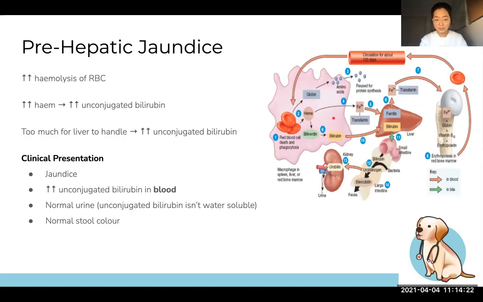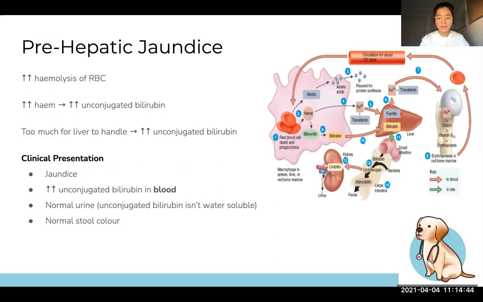So I guess we'll talk about the clinical presentation. The patient will often be jaundiced, and you will have a marked increase in unconjugated bilirubin in the blood. The reason for that is because you've got a lot of unconjugated bilirubin as a result of red blood cell lysis, so much so that the liver can't actually deal with that much unconjugated bilirubin.